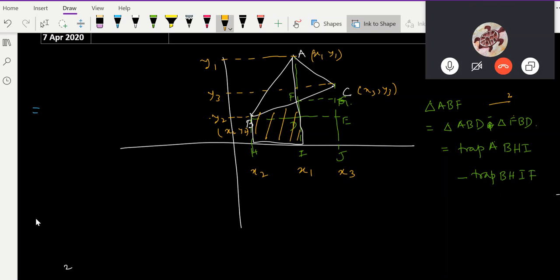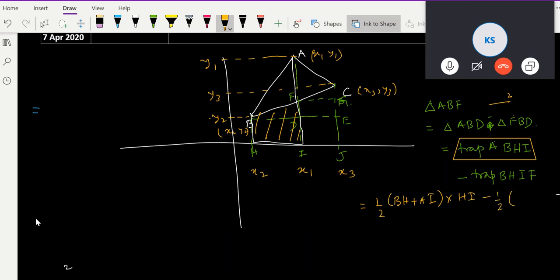So what would be the area of trapezium ABHI? This is half into the sum of parallel sides. Which are the parallel sides? BH and AI. BH plus AI into height. What is the height? HI, minus trapezium BHIF.